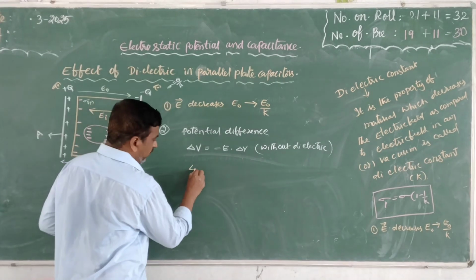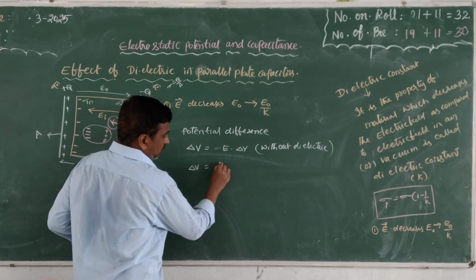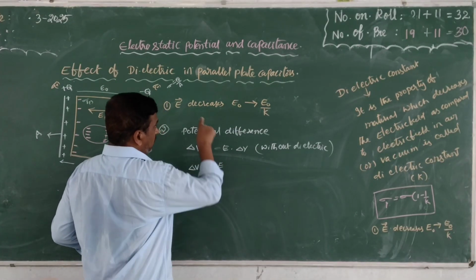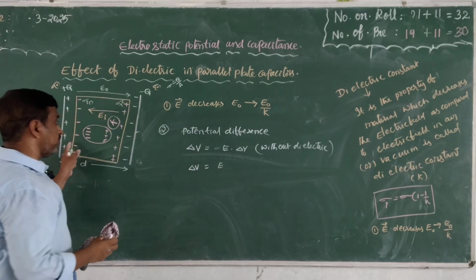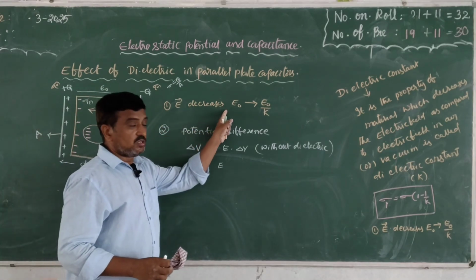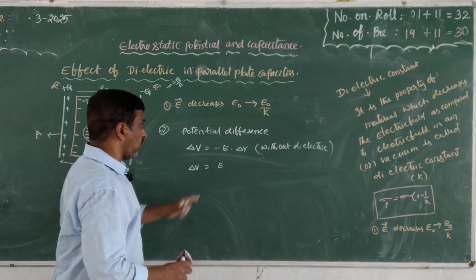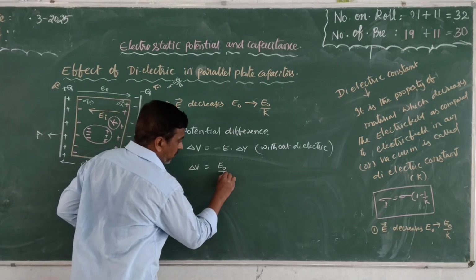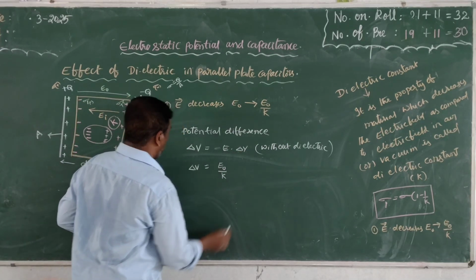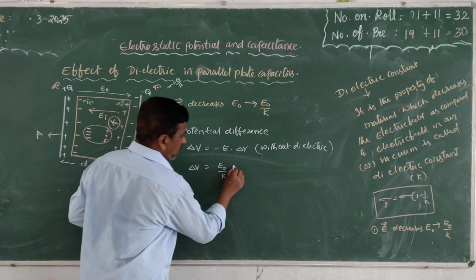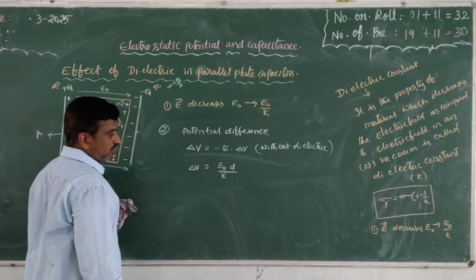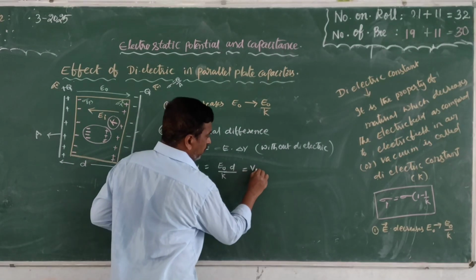With a dielectric, E naught changes to E naught by K. So instead of E we write E naught by K into D, the distance, which gives E naught D by K, that is, V naught by K.